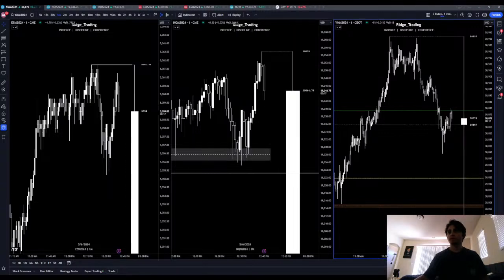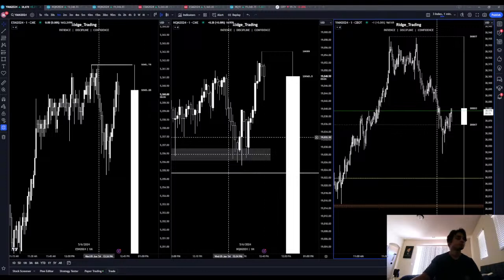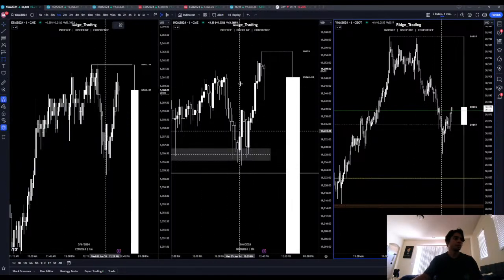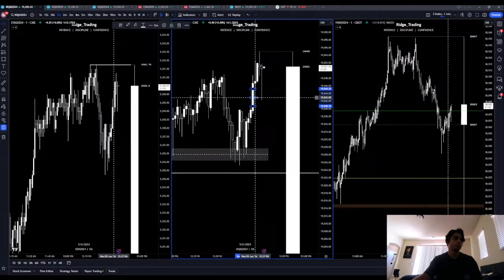Thank you, knifing a little bit here. Let's see if we hold here.